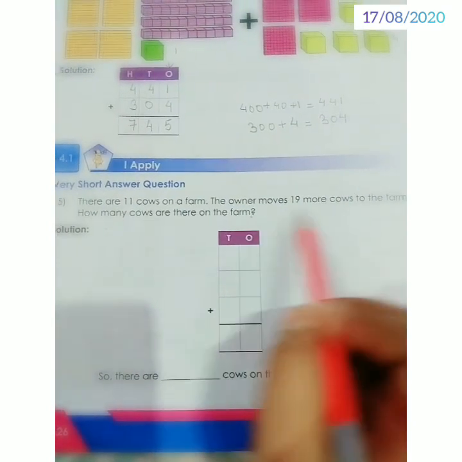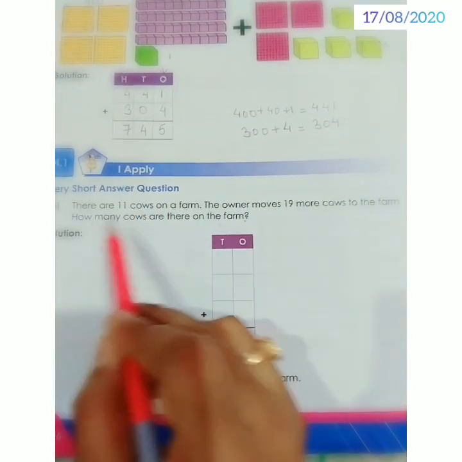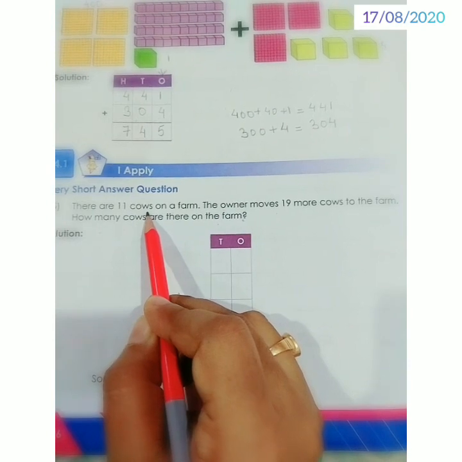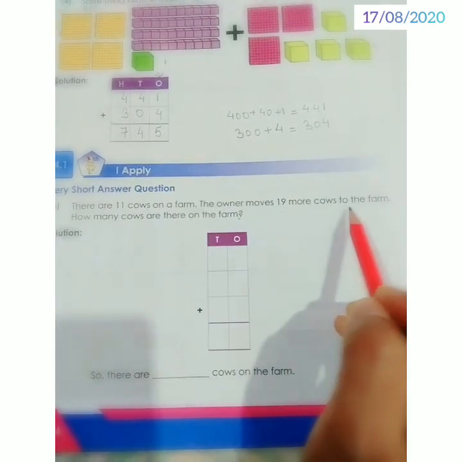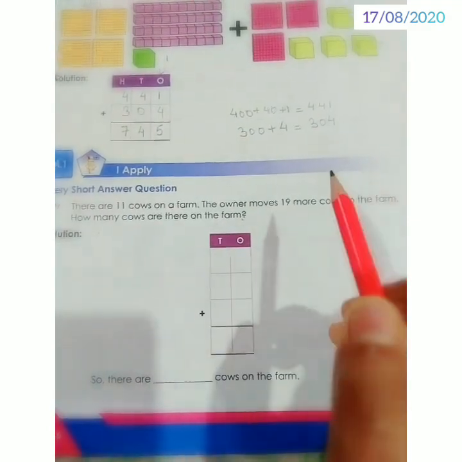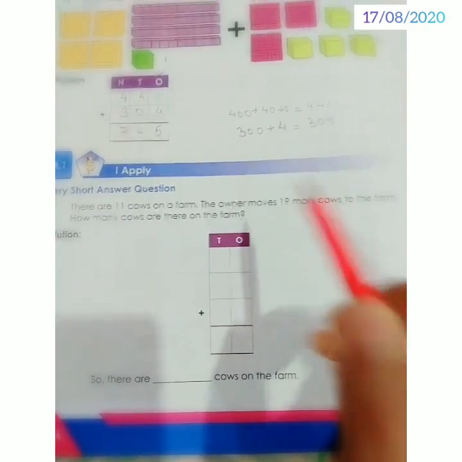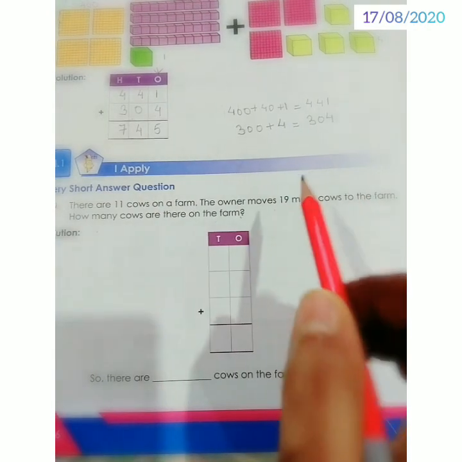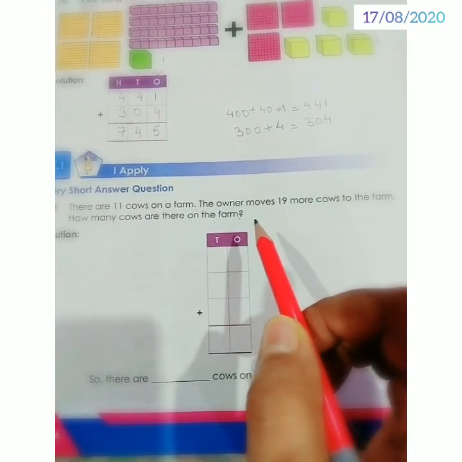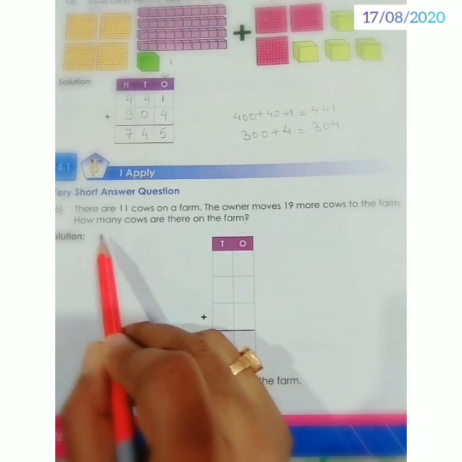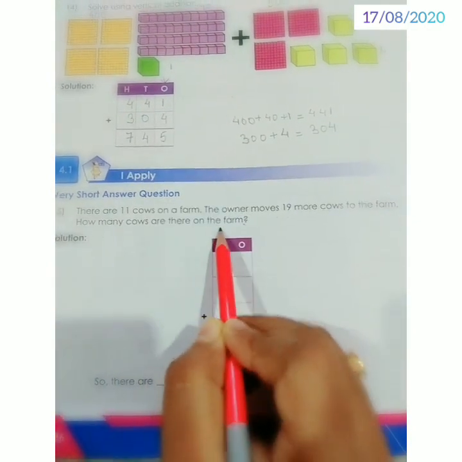So dear children, this question is saying that there are 11 cows, and the owner moves 19 more cows to the farm. That means first there are 11 cows, then next the owner brought 19 more cows to the farm. So the question is, how many cows are there on the farm?